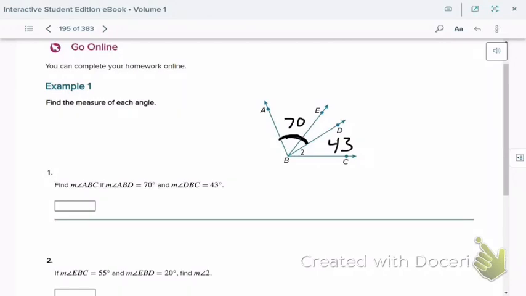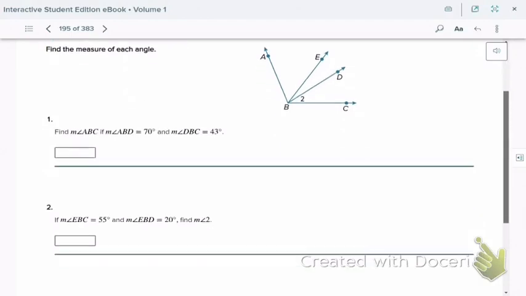That BE we don't really need right now, so ignore that for a second. What is angle ABC? It's whatever 70 plus 43 is, 113. Do you guys agree? Yes. That's got to be a lot easier than those proofs, huh? Okay, next one.